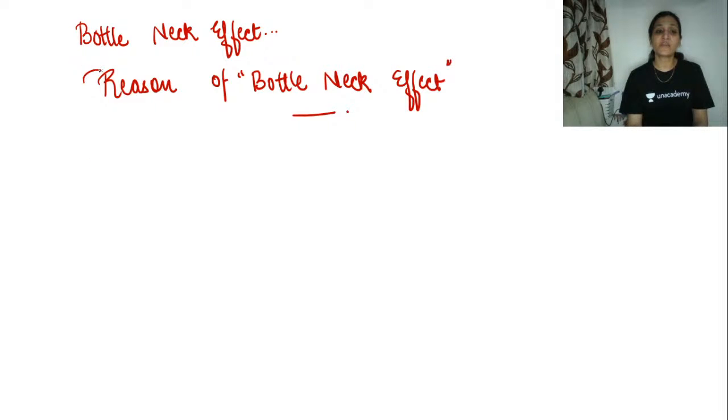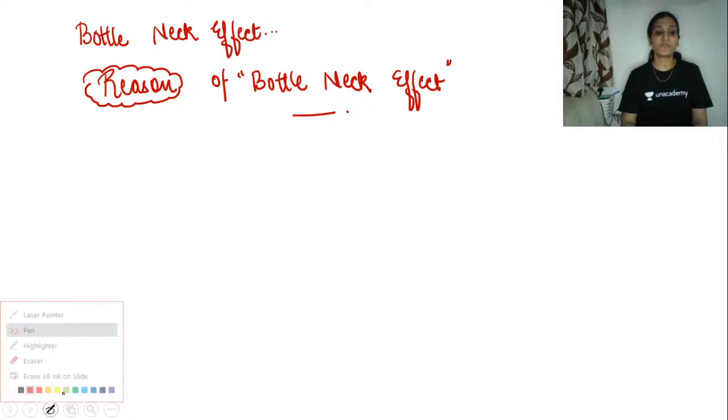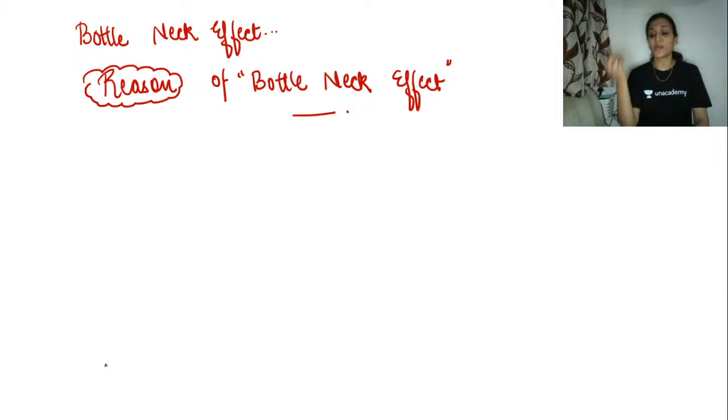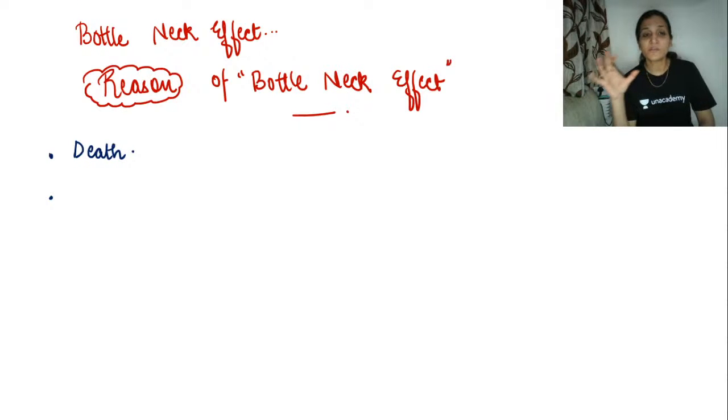So the most important thing is what the reasons of the bottleneck effect are. We definitely need to know them. It can be random death of the population, maybe because of a disease or something, or random death of certain people in a region, like maybe because of a volcanic eruption, where people died because they were just near it.